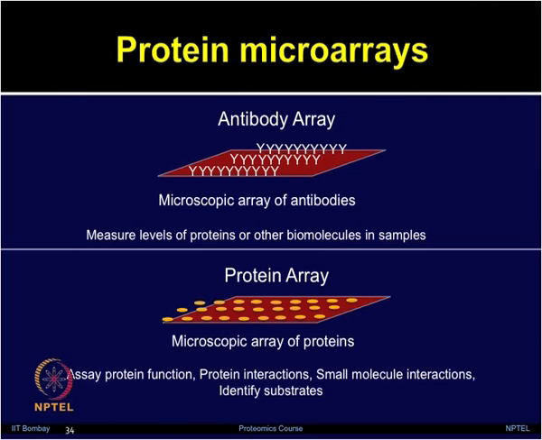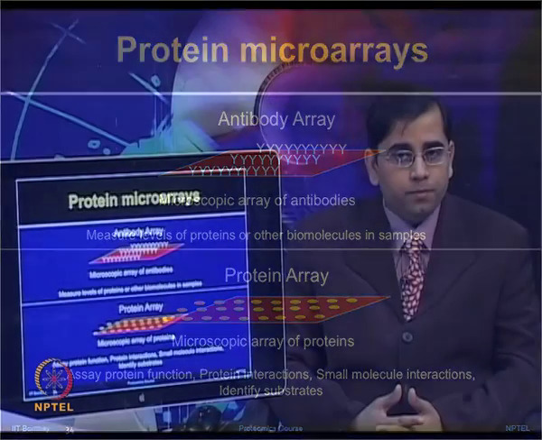Protein microarrays fall into two broad classes: antibody arrays as well as test protein arrays. As shown in the slide, the antibody array is an abundance-based method which is intended to inform the investigators how much of each protein is present in a sample, or to identify the proteins whose abundance is differentially expressed in one sample as compared to the other sample.